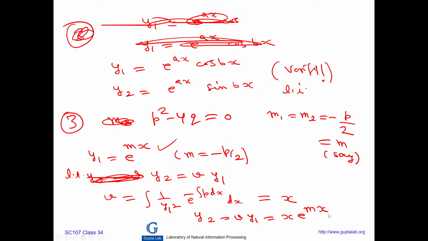ये बहुत इंपॉर्टेंट ऑब्जर्वेशन है एक्चुअली. सेकंड में एक x का टर्म आ गया एक्चुअली. y1 टर्न्स आउट टू बी e raised to power mx और y2 इज x टाइम e raised to power mx, एंड दोनों लीनियरली इंडिपेंडेंट है. ऑफ कोर्स तो हमने निकाला ये, राइट? So basically these are two linearly independent solutions.